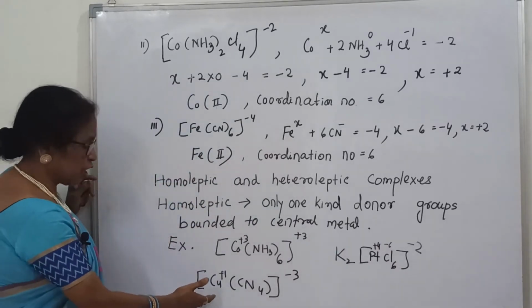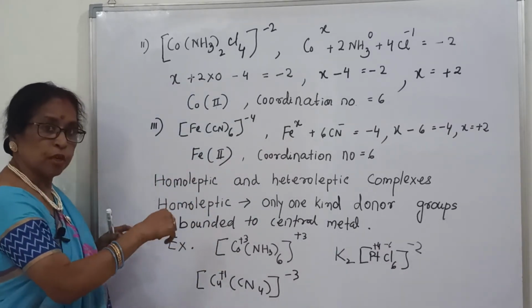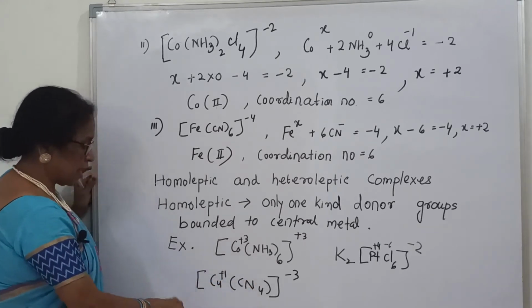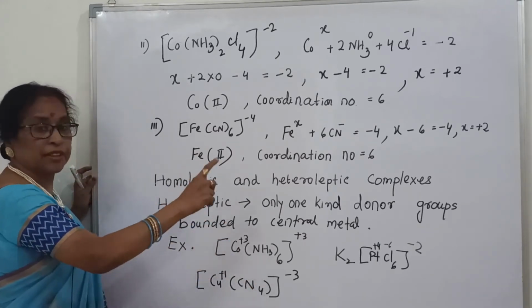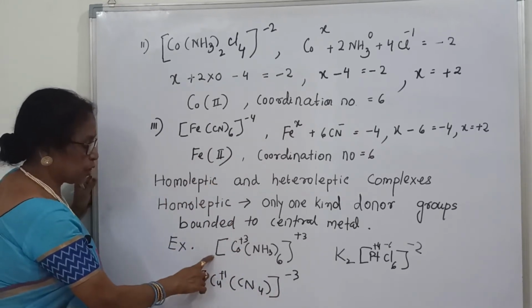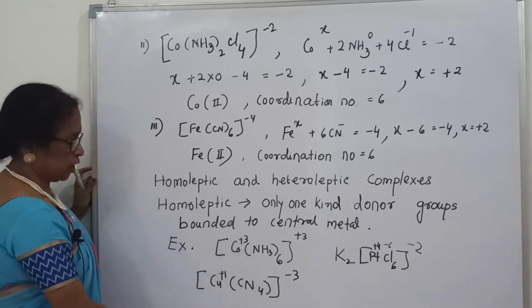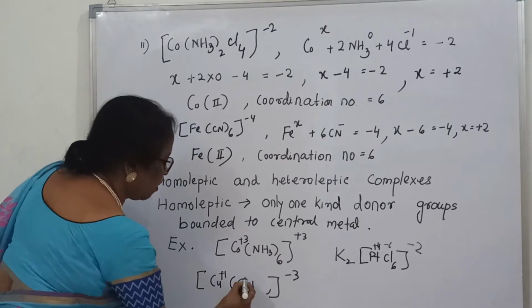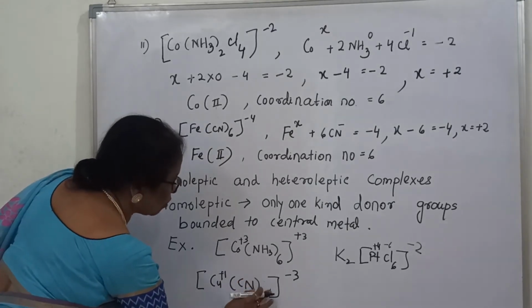Then come to another example, Cu in square brackets with CN4, and outside the bracket -3. That means the square bracket starts with Cu +1, CN4. You should put CN4 because there are 4 ligands.